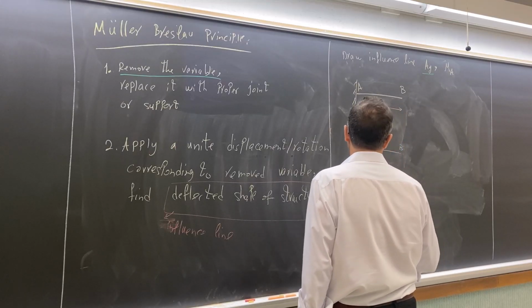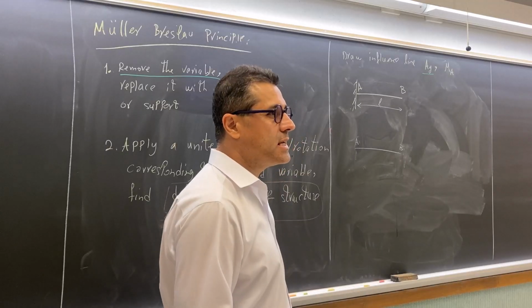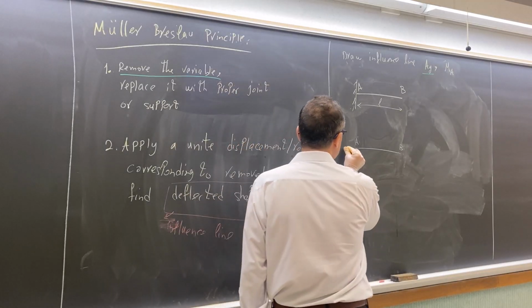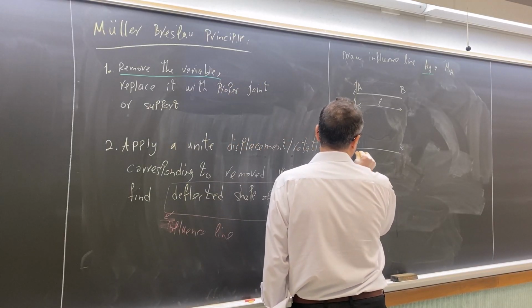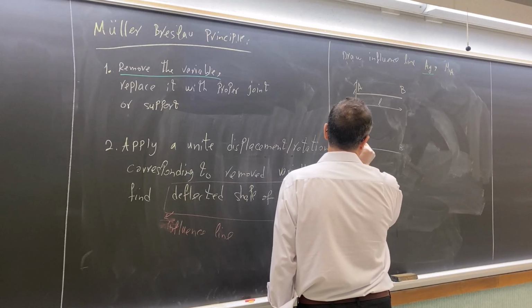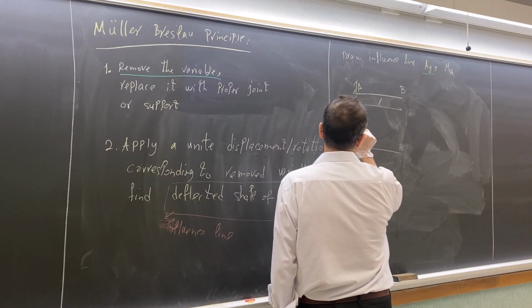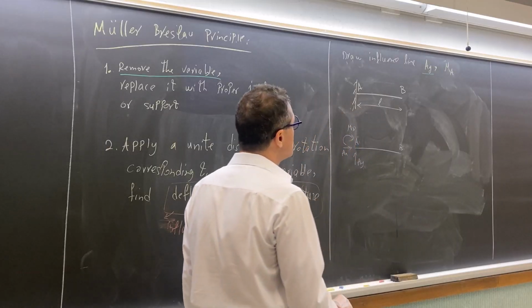Now, when you look at reaction A, you have horizontal reaction, AX, you have vertical reaction, AY, you have bending moment. But you just need to remove one of them.